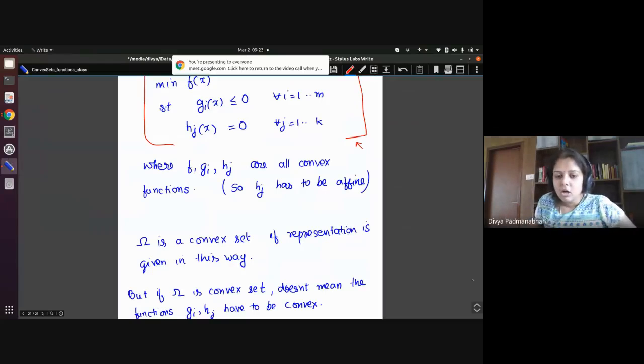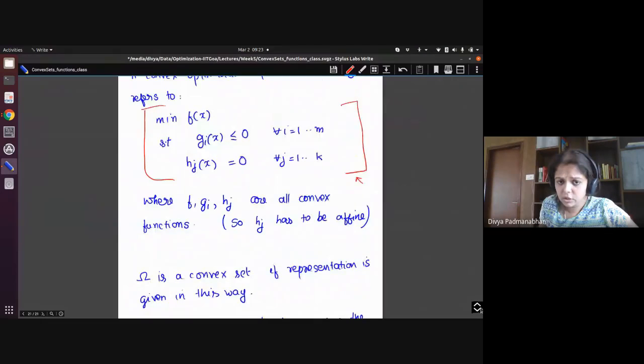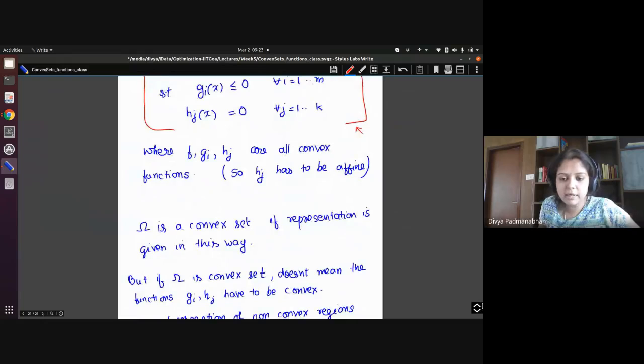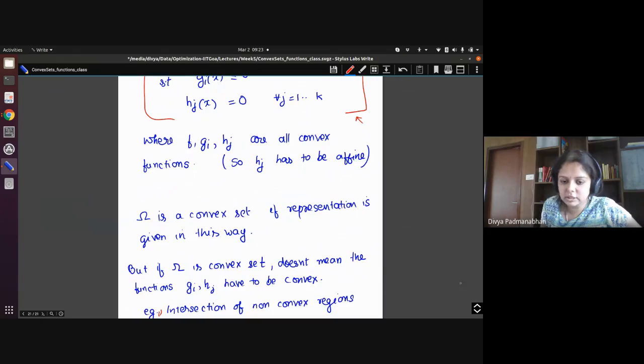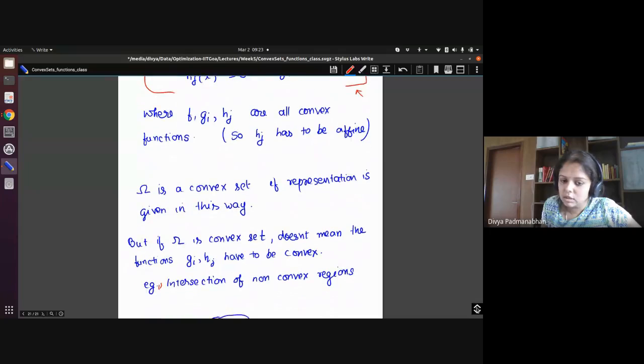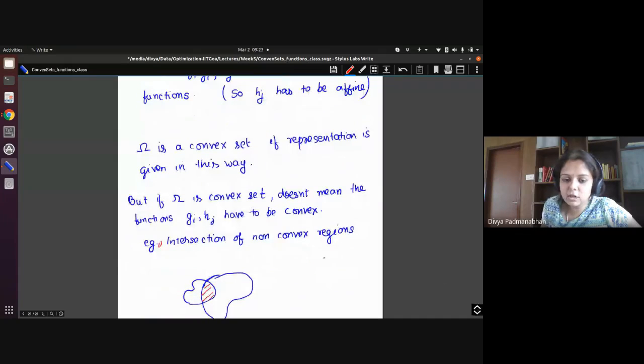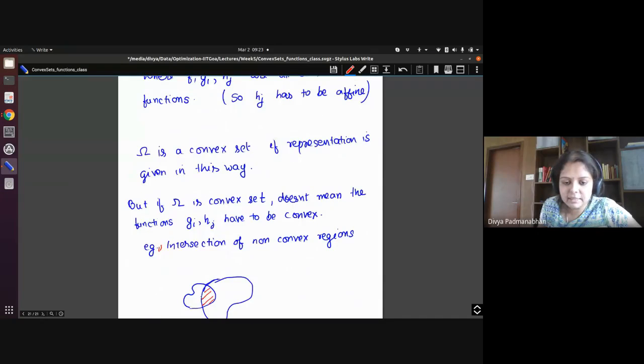Okay, all right. Just to wind up here: it doesn't mean that if omega is a convex set, these representations have to be convex. For example, if you take this kind of region, these are two non-convex regions, but the intersection of them is convex.